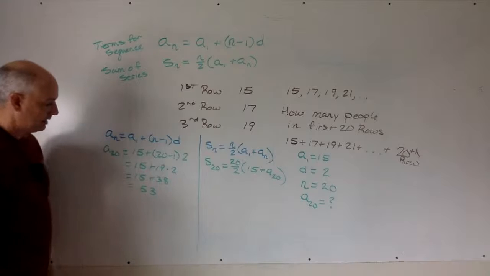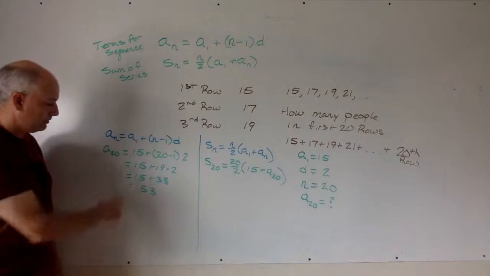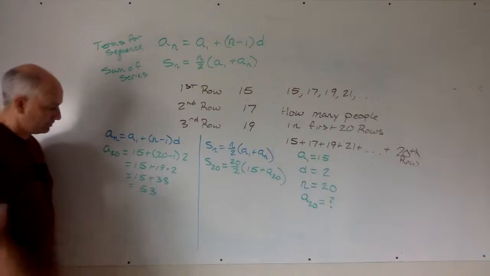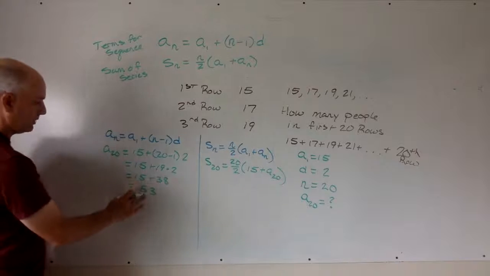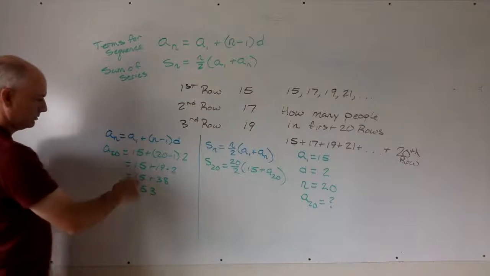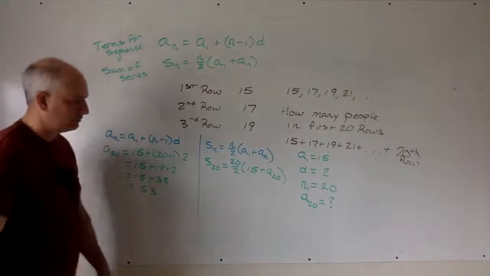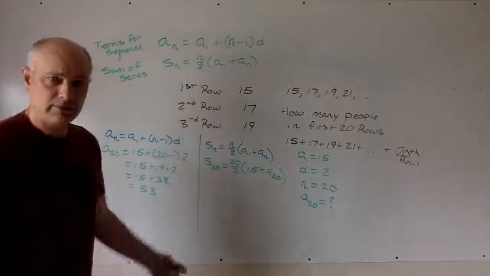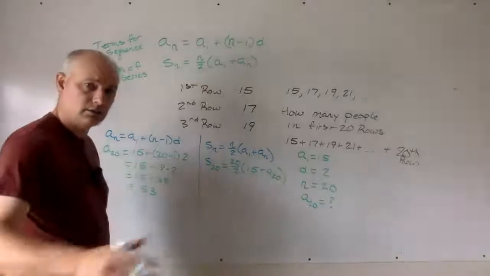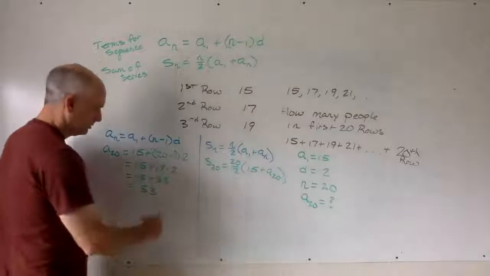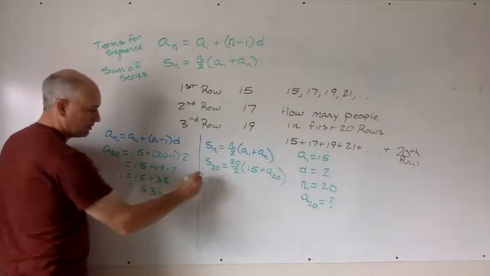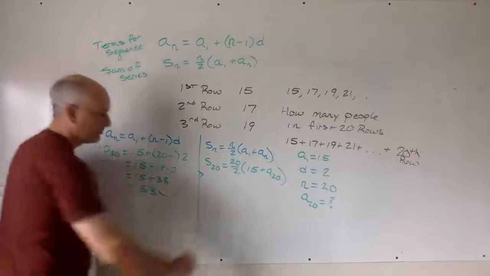15 plus 8, or 5 plus 8 is 13. 13 plus, or excuse me, 10 plus 30. Is that 43? No, 53. Yeah, 53. Okay, sometimes I confuse myself too. That's okay. I'm getting old. But notice again, now I've got what I need to finish.